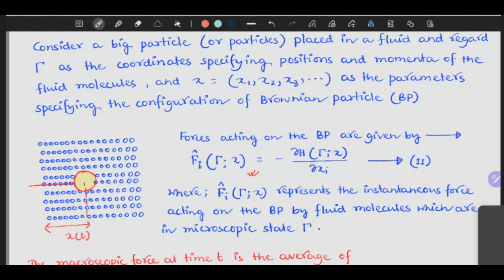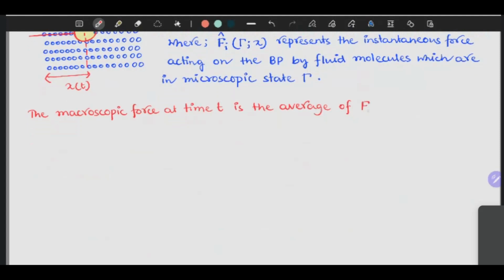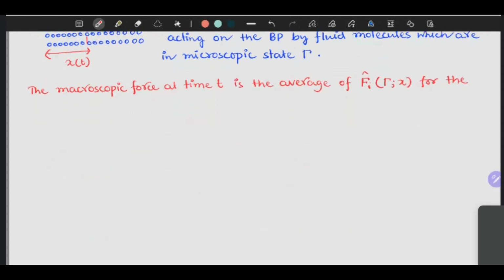This is the generalized force in Hamilton's principle, so we can take it from here. The macroscopic force at time t is the average of this microscopic force, f_i of x, over the distribution function, because whenever we are taking some average of some quantity, we need to know what distribution it follows.